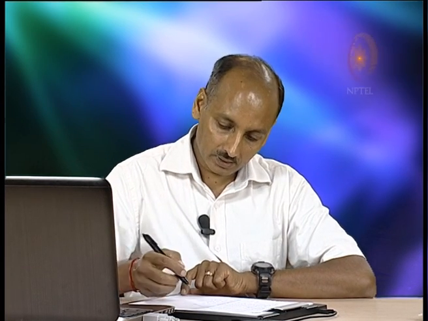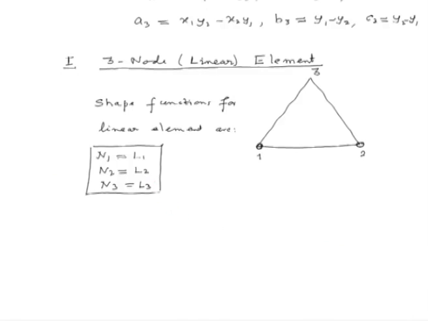Just for the sake of revision, please note down that this x coordinate is again given by the sum of N I x I, I equal to 1 to 3, L1 x1 plus L2 x2 plus L3 x3, and similarly y coordinate, the sum of N I y I, I equal to 1 to 3.